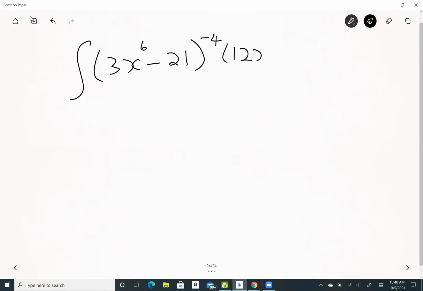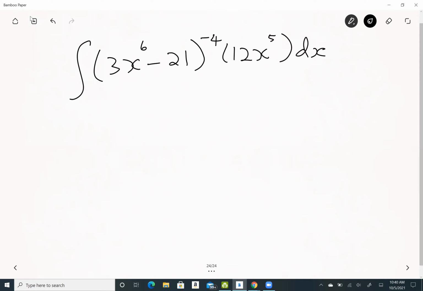Suppose I want to find the integral of 3x to the power of 6 minus 21, everything to the power of negative 4, multiplied by 12x to the power of 5 dx. Now I want you just to look at u and then what is u prime?